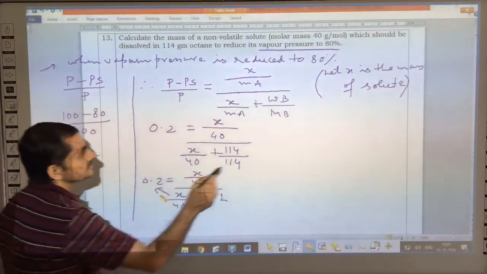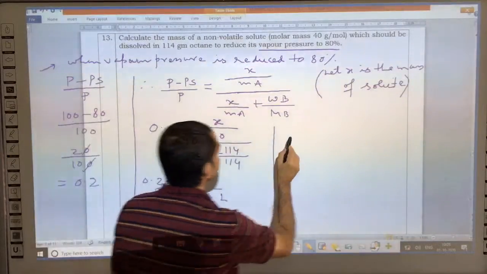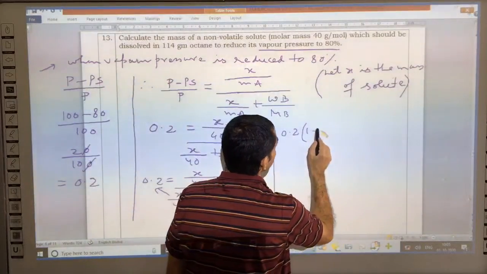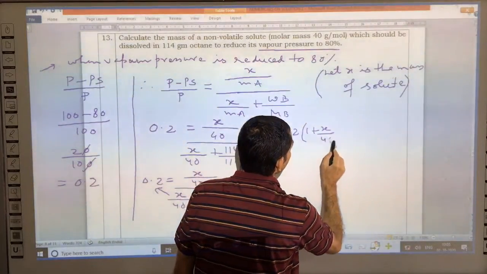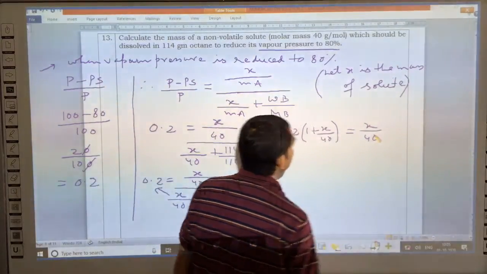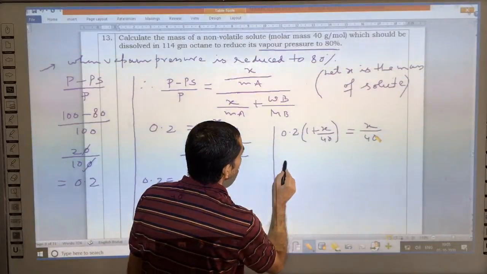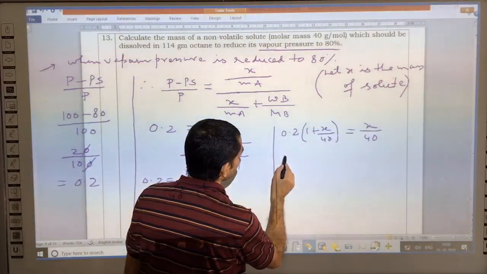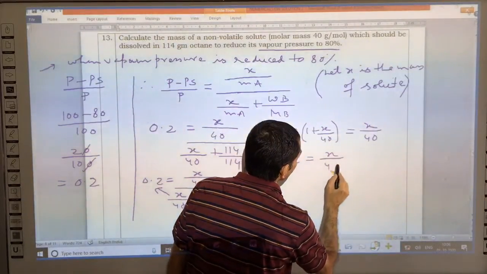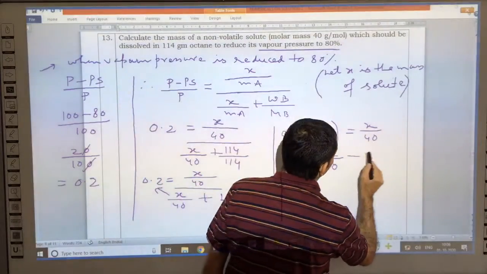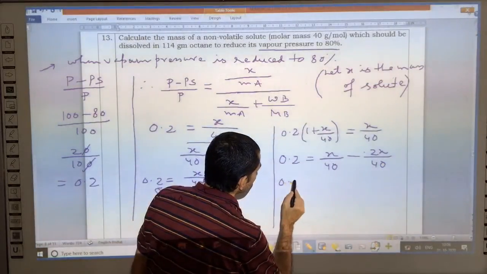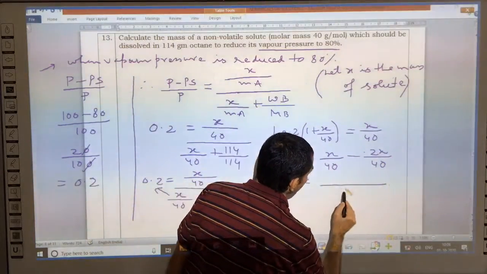Cross multiply it. Here I am getting 0.2 into 1 plus X upon 40 is equal to X upon 40, or 0.2 is equal to X upon 40 minus 0.2 X upon 40. You solve it. LCM is 40.